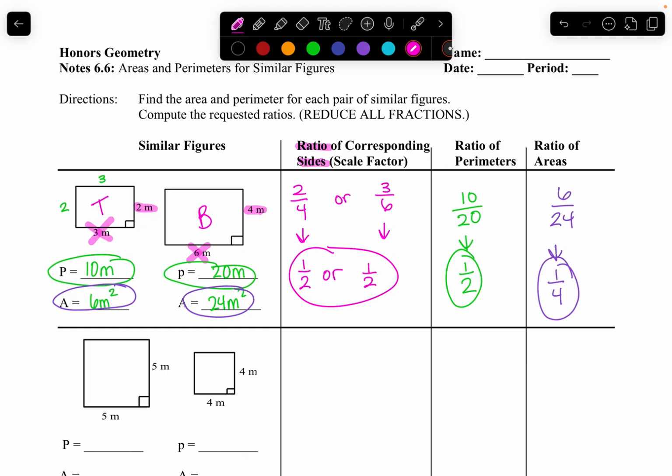So 1/2 squared is 1/4. Just so that we can see this quickly and easily, the ratio of sides and perimeters will always be the same, and the ratio of areas will always be the ratio of the sides or perimeters squared.